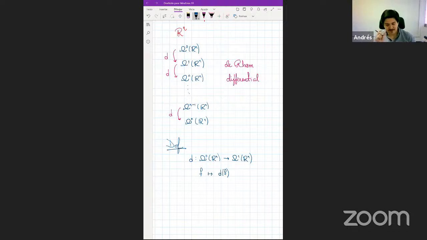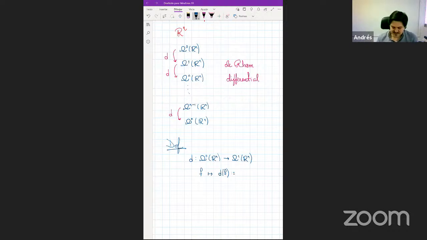Before, df was only one thing, and here it is two. So this is a one form. And the whole idea is it should be exactly what we had before. Okay?